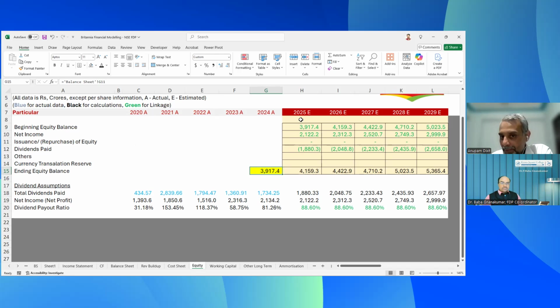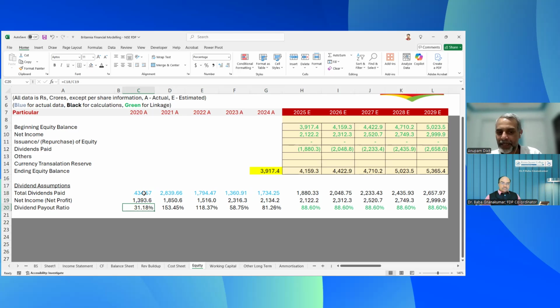So before coming to 2025, let's go back to these previous historical years. From the company's annual report, we have figured out what dividend the company paid over the past 5 years, right? We also know the profit of the company during those 5 years, and we have figured out the dividend payout ratio, which is dividend as a percentage of the net profit, right?